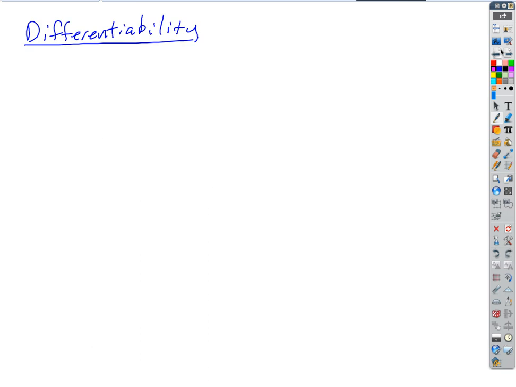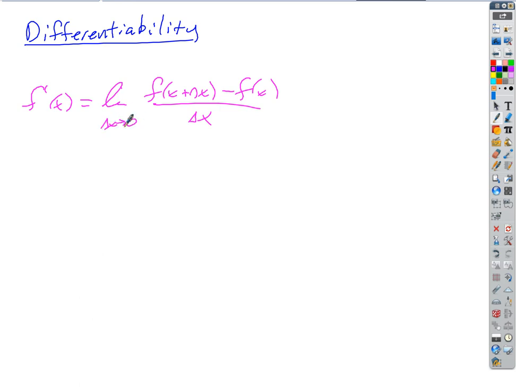So we can do something similar to that with derivatives. We can say something along the lines that our difference quotient, and it doesn't matter which one we pick, we could write either one of these. It doesn't really make any difference. Like if we took f prime of x and we define it as the limit of f of x plus delta x minus f of x over delta x as delta x goes to 0.